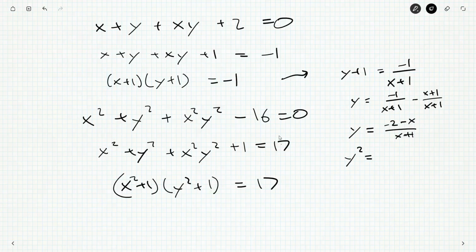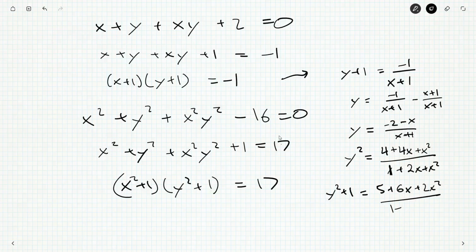And get y squared is 4 plus 4x plus x squared all over 1 plus 2x plus x squared. And then if I add 1 to that, so y squared plus 1 is now 5 plus 6x plus 2x squared on top, 1 plus 2x plus x squared on the bottom.